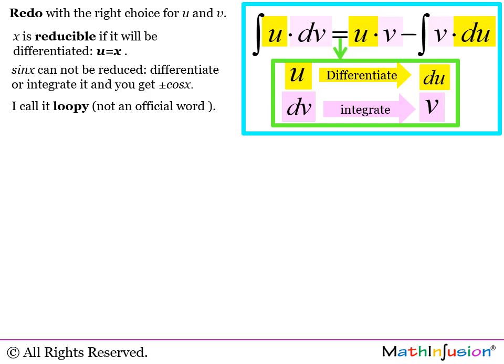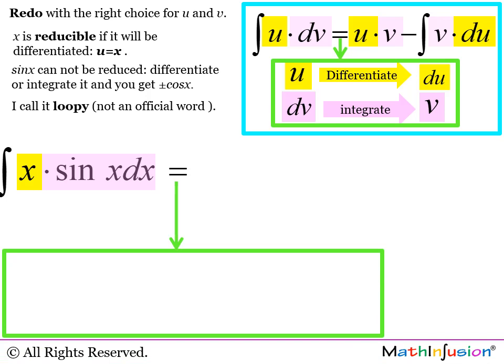And then I can do it forever, but it's going to be from plus minus sine to plus minus cosine and so forth forever. So the right choice here is going to be this guy is the u and sine x dx, the dv.